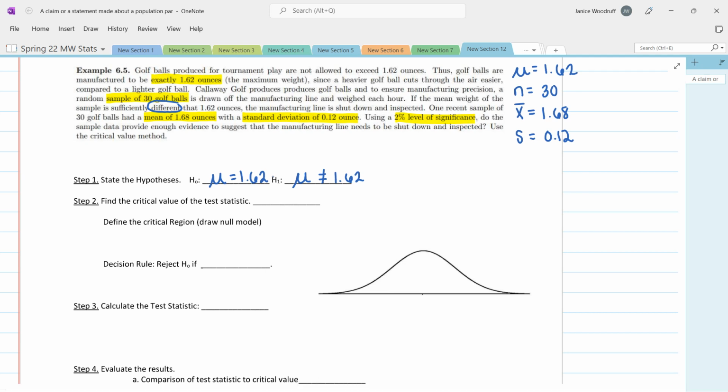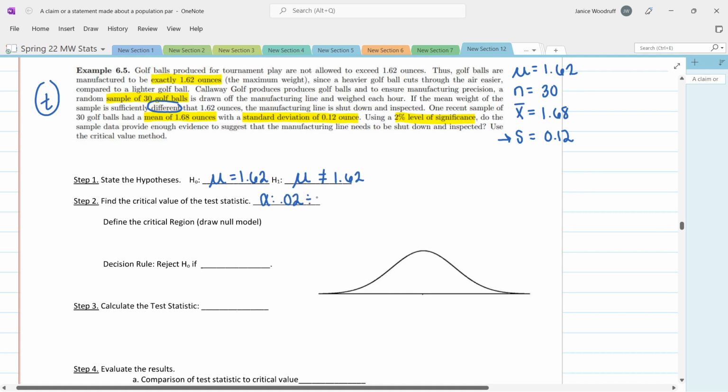Okay, so we have the null and the alternative hypothesis. Before we do that, we're going to use a t-value because we're given a sample. Then we want to find the t-value. We have a significance level of 0.02, but this is two-tailed, so I have to divide it.